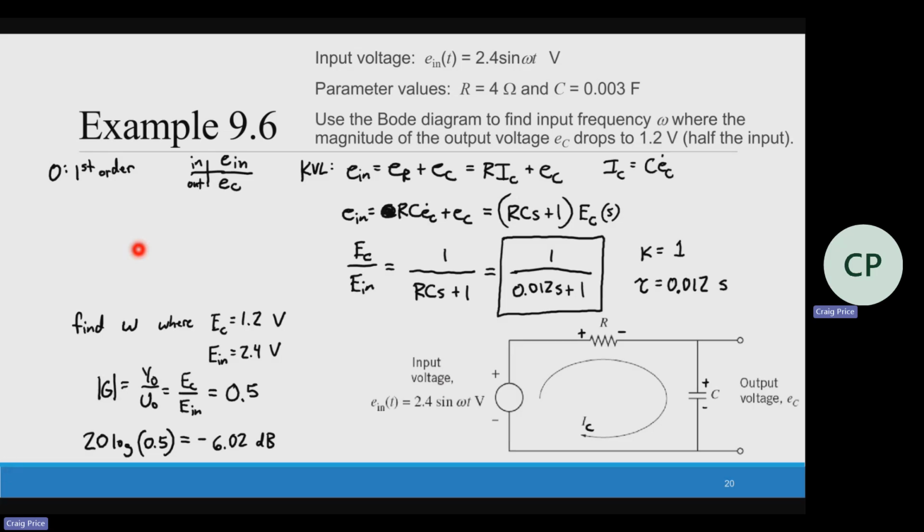Now I want you to look on that Bode plot. I want you to pick around and try to find that frequency. What frequency corresponds with negative 6.02? Because if that's what I'm trying to go for, I'm going to try to set my voltage source to have that frequency.